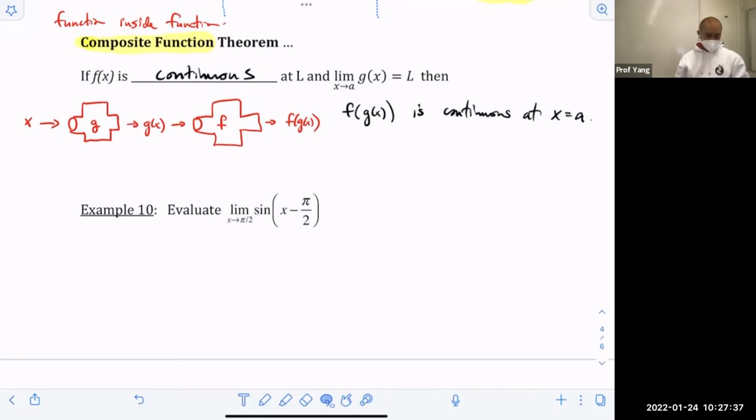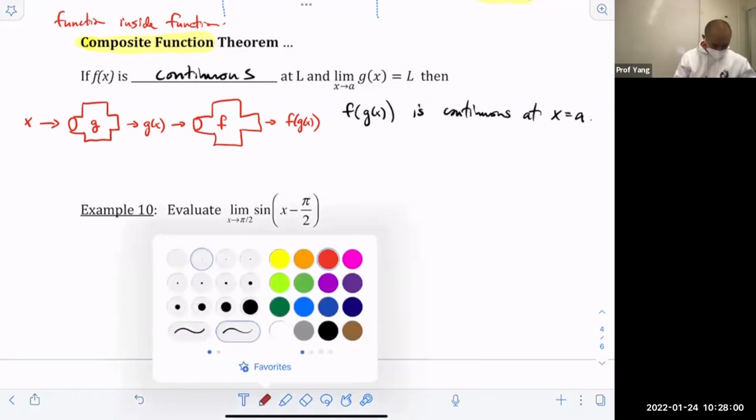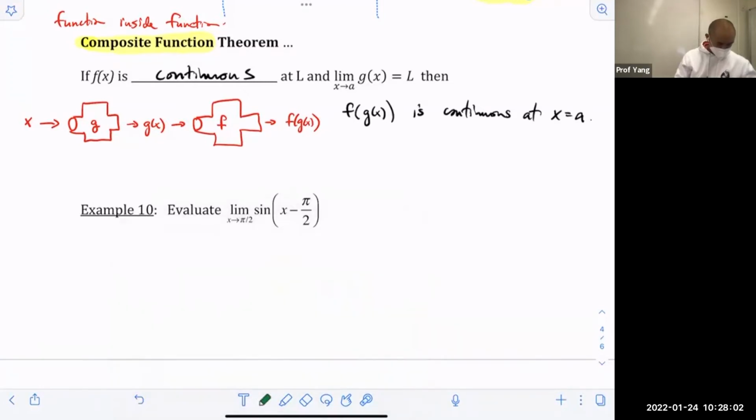So what is this theorem saying? We know that this function is continuous. What's basically happening is we're taking an x over here, and we're trying to see what happens as we get close to a, right?